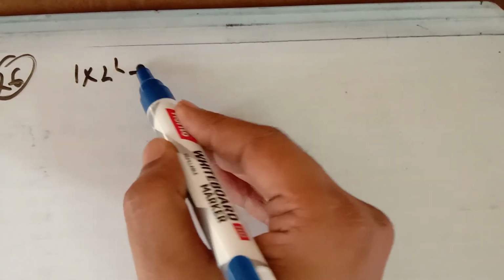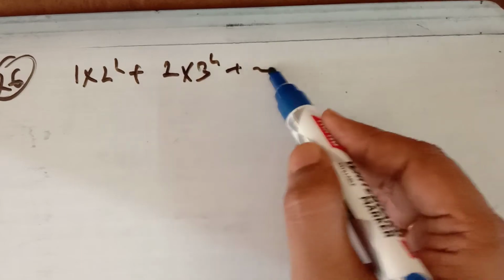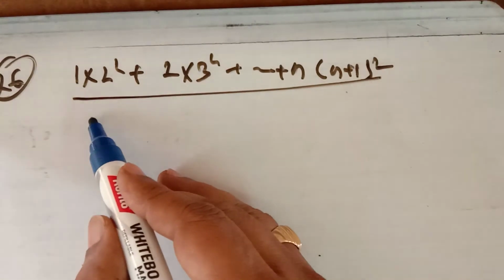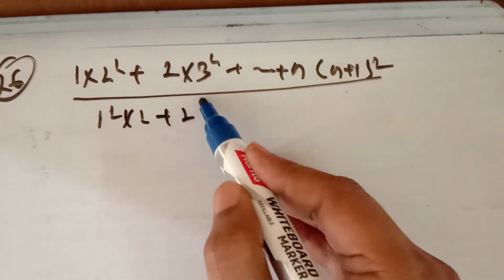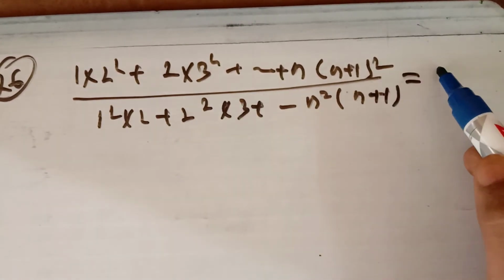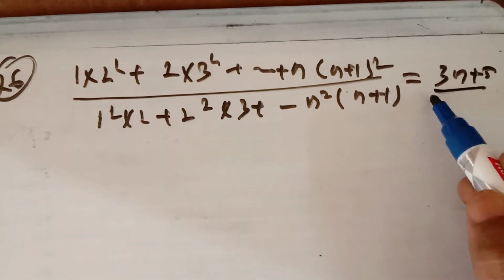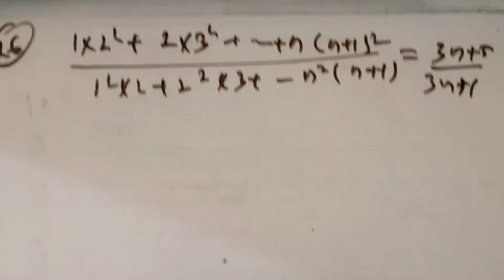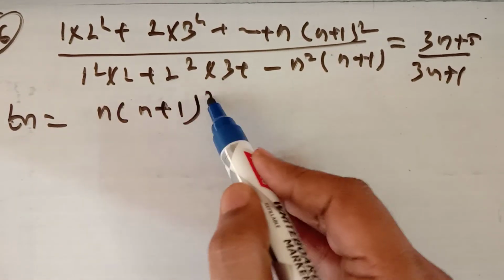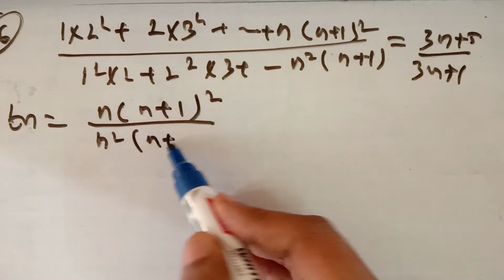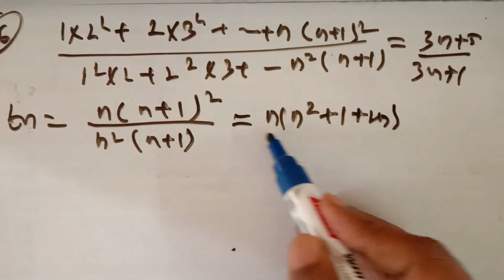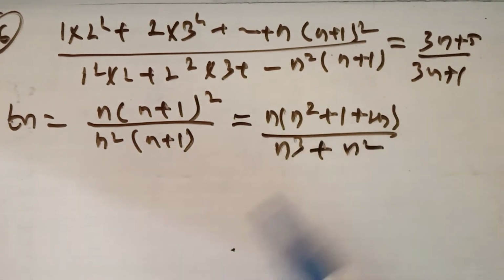The series is 1 into 2 square plus 2 into 3 square up to (n+1) whole square upon 1 square into 2, 2 square into 3, up to n square into (n+1). And you have to prove that the sum of all these is (3n+5)/(3n+1). To find the sum, the nth term is (n+1) whole square upon n square into (n+1). So it is coming out to be n square plus 1 plus 2n upon n cube plus n square.